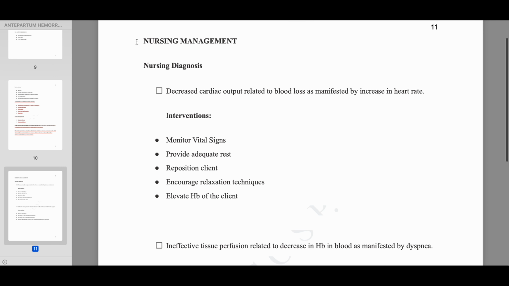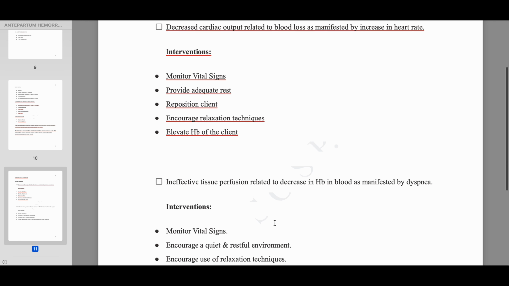Next is nursing management. In the nursing diagnosis: decreased cardiac output related to blood loss, as manifested by increase in heart rate. Interventions: monitor vital signs, provide adequate rest, reposition the client, encourage relaxation techniques, and elevate the HB of the client.